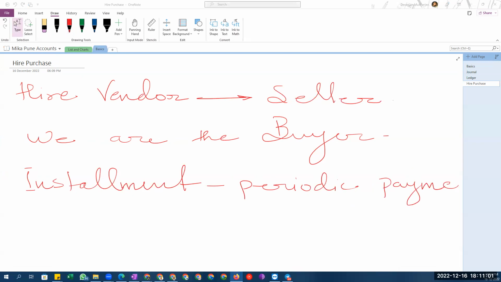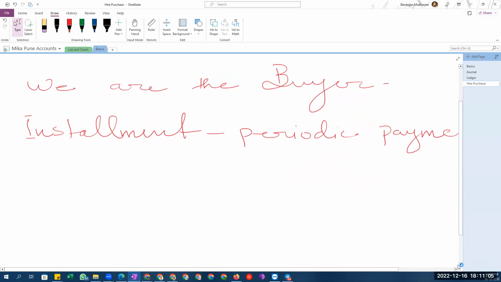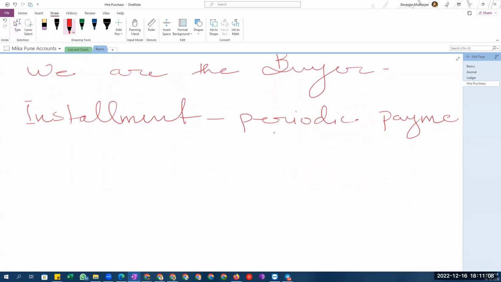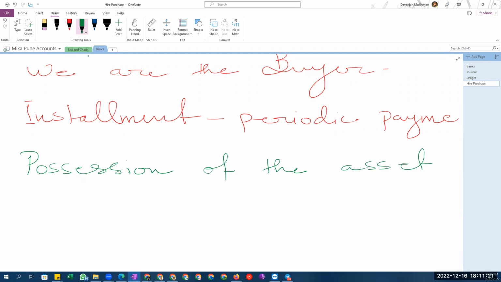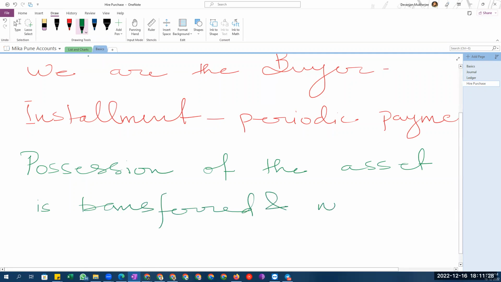The third thing is that when we take the asset on hire purchase, the possession of the asset is transferred, and not the ownership.